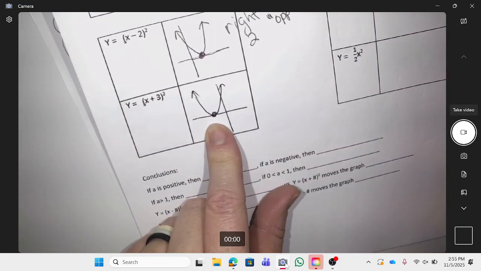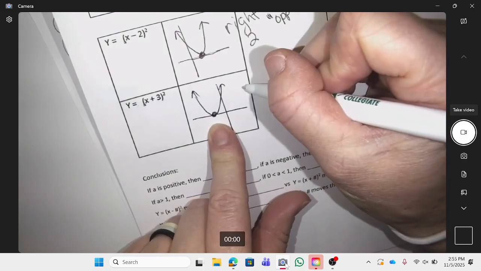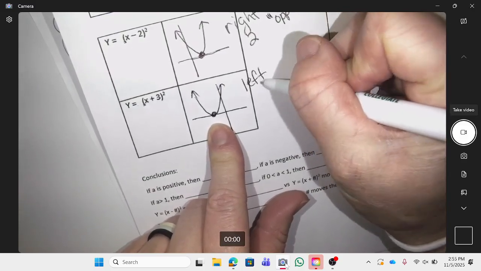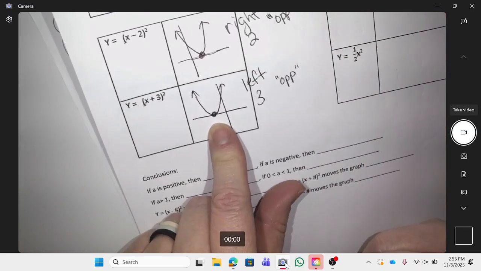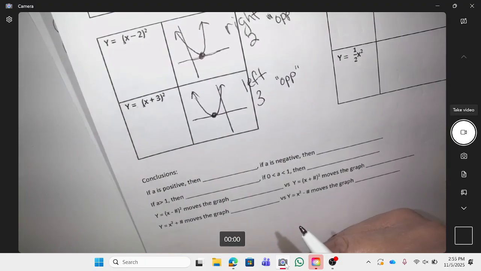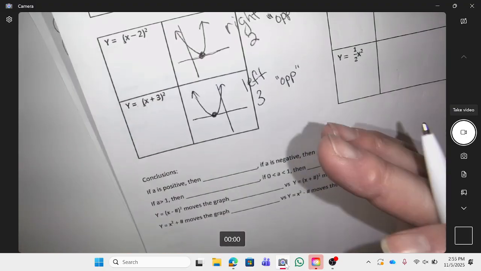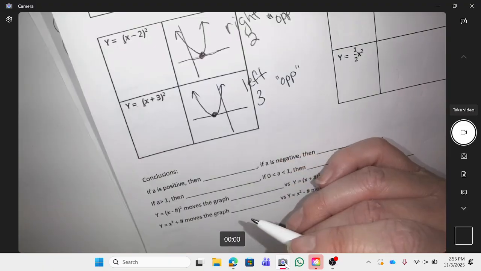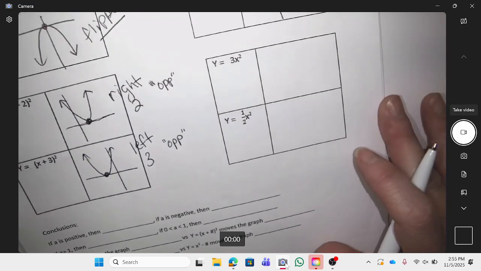That kind of idea on your screen? So the words are left 3. And again, it happened to be opposite of what my brain thought, because plus moving left, that's an opposite math idea, right?